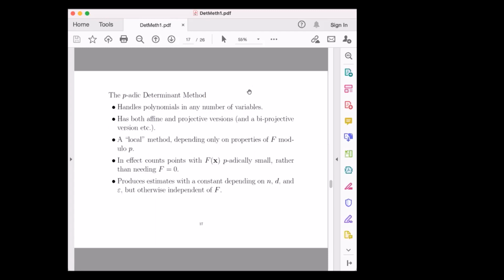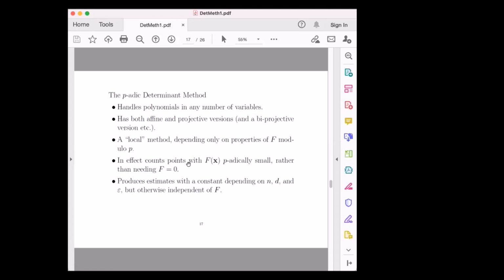So that takes us on to the determinant method. So these are results produced by the p-adic version of the determinant method. So this method handles polynomials in any number of variables, not just 2, as in the Bombieri-Pila case. It has both affine and projective versions and a biprojective version, etc. Again, it's a local method, depending only on properties of f modulo powers of p.